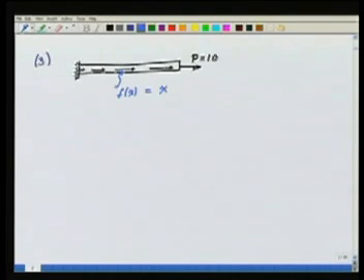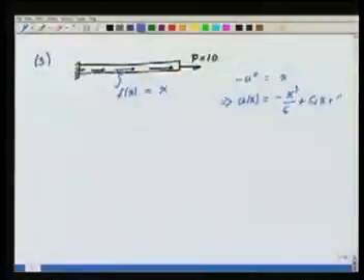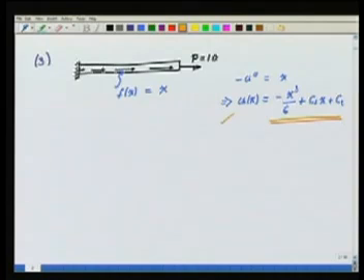In this case I get minus u double prime is equal to x, which implies u of x is equal to minus x cubed by 6 plus c1x plus c2, where c1 and c2 will come from our boundary conditions. If you look at this solution, this is now a cubic.